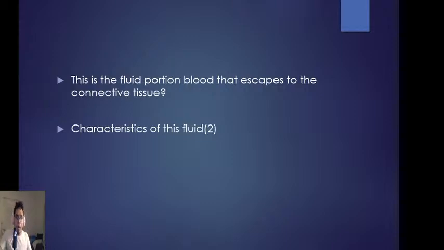Let me correct myself: there's no RBC content, and it has a low protein content as well. When you measure the specific gravity of this fluid, it's going to have a range of 1.005 to 1.015 because of the low protein content.